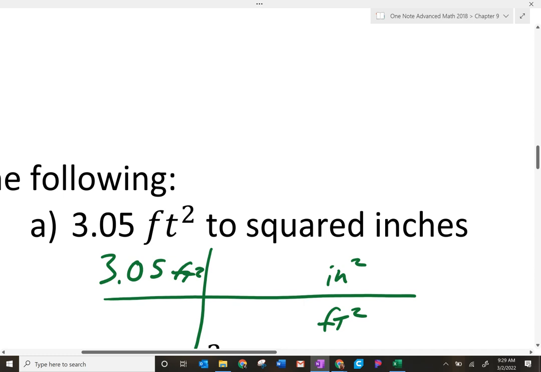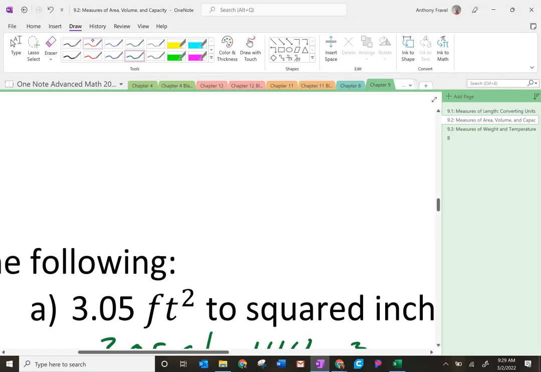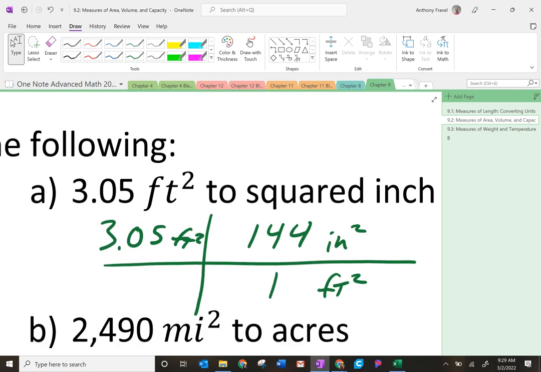Based on that chart, 1 square foot is equal to 144 square inches. My labels will cancel out, and I'm left with square inches on the top. Then I just take 3.05 times 144.